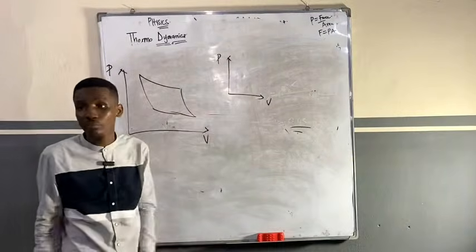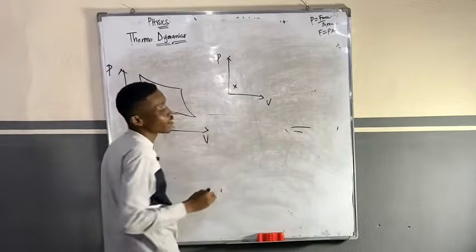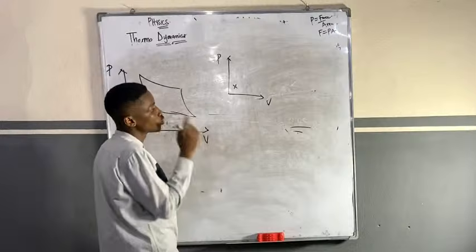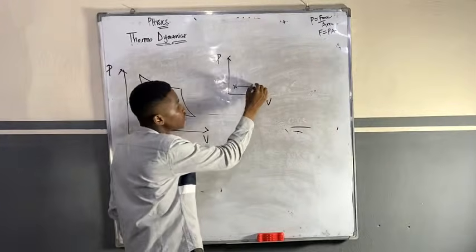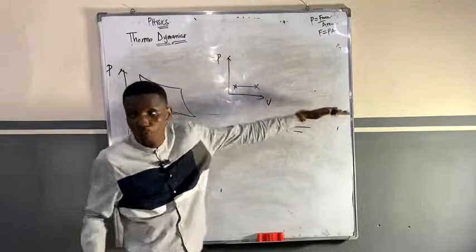If this was the way the graph was before, if pressure does not change but volume changes, you will move this way, right? And it will now be here. So anytime you are dealing with isobaric, this will be the graph.